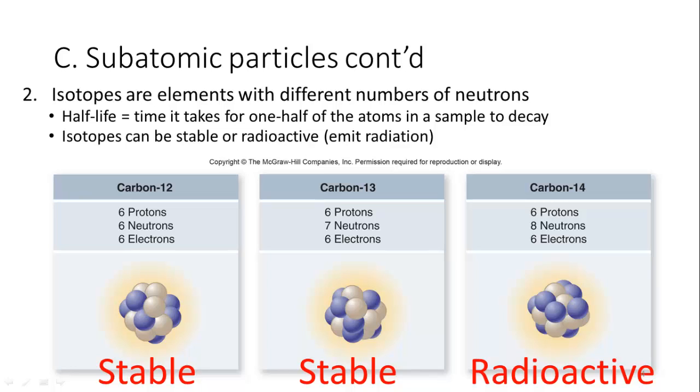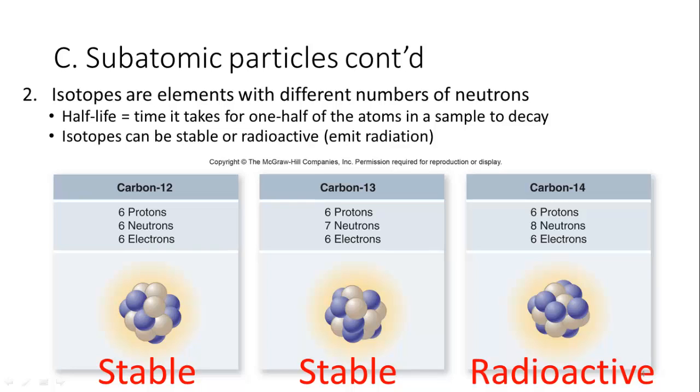Some isotopes are stable, meaning they're in a configuration in which they aren't going to emit radiation. Some are radioactive, which means that they are going to emit radiation. Now, when those isotopes emit radiation, they will change from a radioactive to a stable state, or from one radioactive state to another, but eventually those radioactive isotopes will decay as they give off radioactivity.